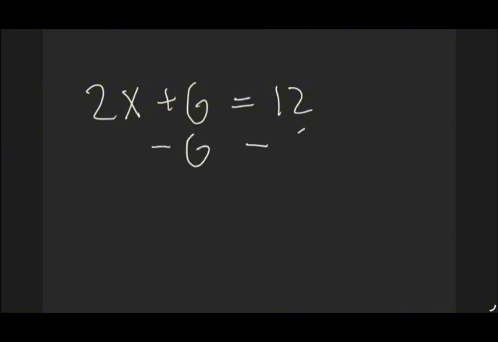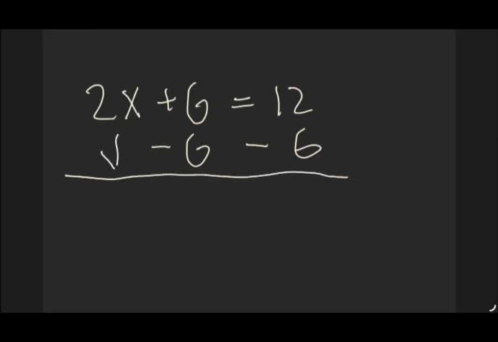Alright, so the first thing we're going to do is learn how to solve the two-step equation. Here we have 2x plus 6 is equal to 12. So what you want to do is try to isolate x. Subtract 6 on both sides.